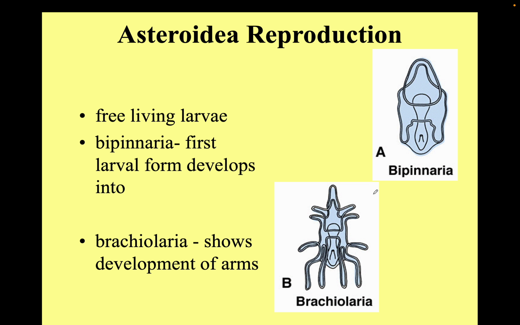So Bipinaria first develops as the larva that later on becomes a brachiolaria, and the Bipinaria doesn't have characteristic arms, unlike the brachiolaria, which eventually transitions into the adult starfish. So the brachiolaria has the characteristic arms that will later on develop as the arms or the appendages of the starfish animal.